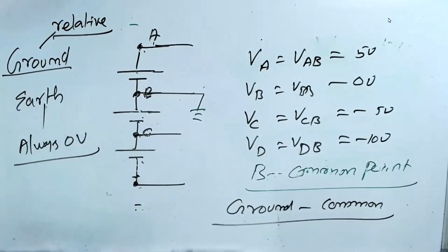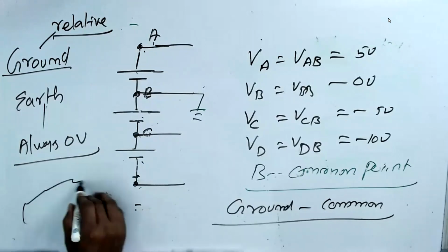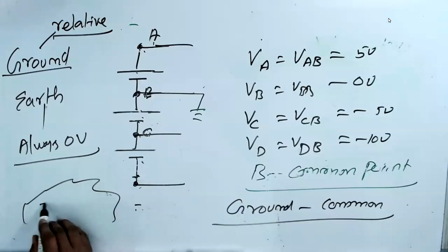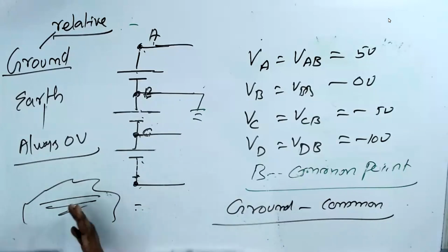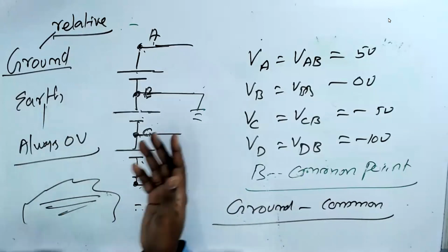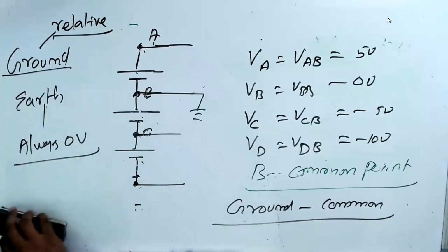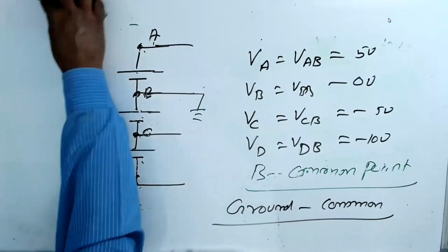The moment you say earth, it is always 0 volt, because the actual earth has unlimited metals and unlimited electrons. That's why earth is always 0 volt. But the ground can vary. That's why we call ground a common point.